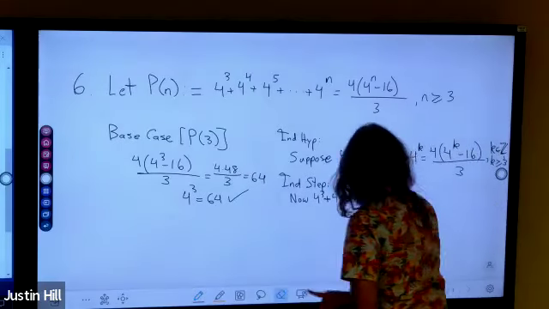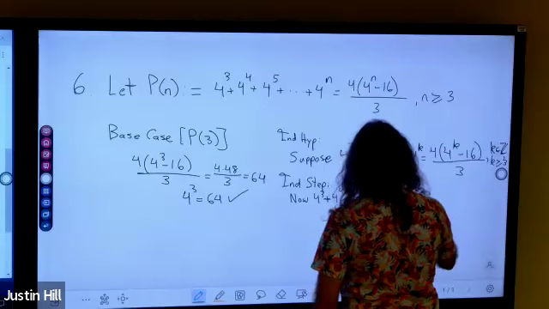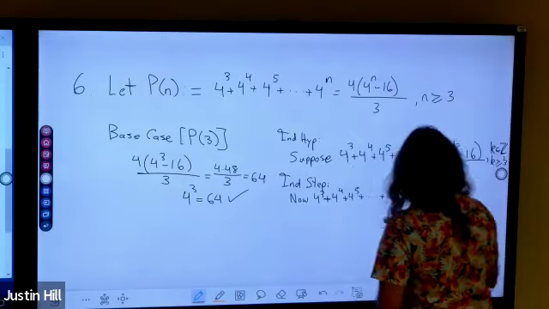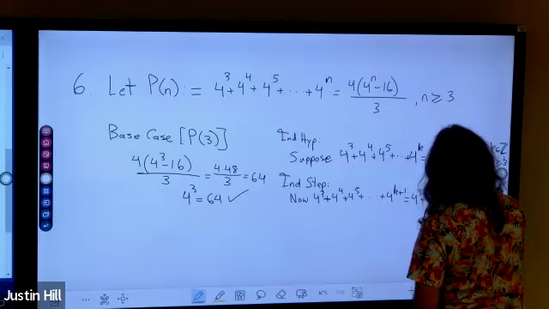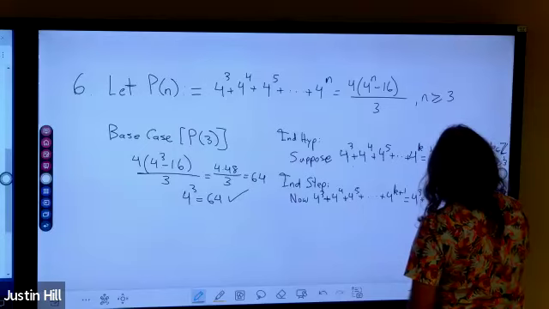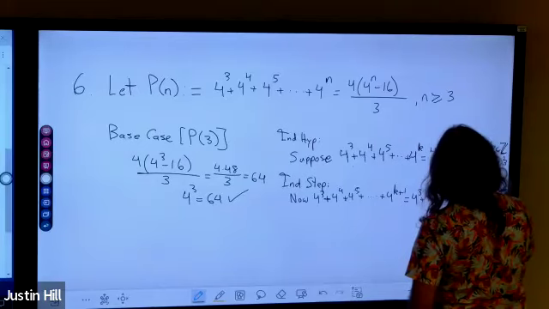Wrote it wrong. Oh my goodness. Well, what we can say is that that equals 4 cubed plus 4 to the 4th, etc., up to 4 to the k, then plus the 4 to the k plus 1.